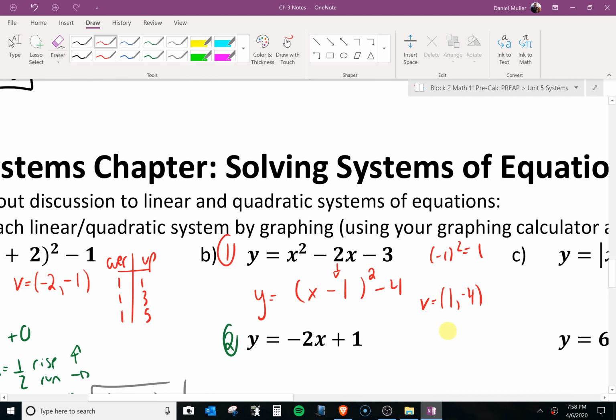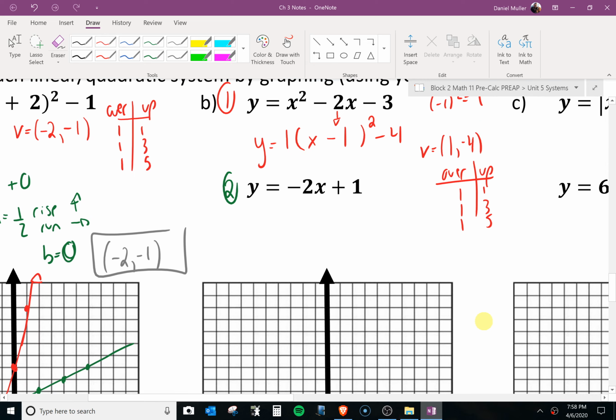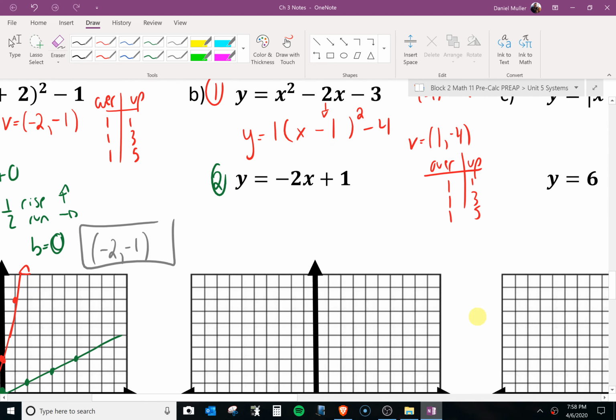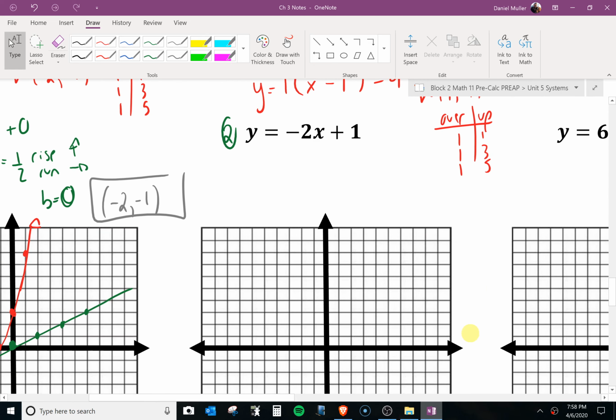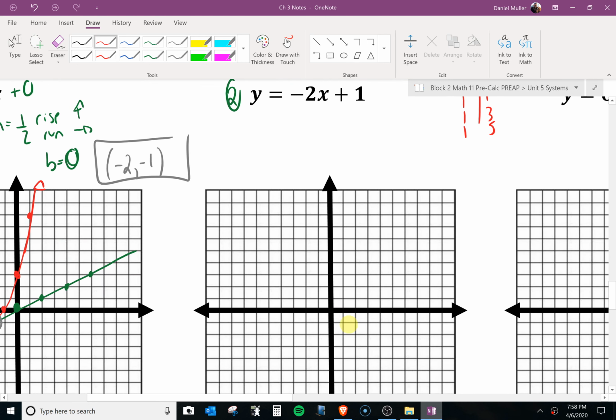And we would have some sort of over, and the a value here is just a 1, so it's going to be up. It's a +1, so because it's positive, it's going to be up. And 1, 1, 1, 1, 3, 5. So we've got over 1, up 1, over 1, up 3, over 1, up 5, but we have our vertex 1, -4. So 1, comma, -4, just a little bit lower here. 1, comma, 1, 2, 3, 4.